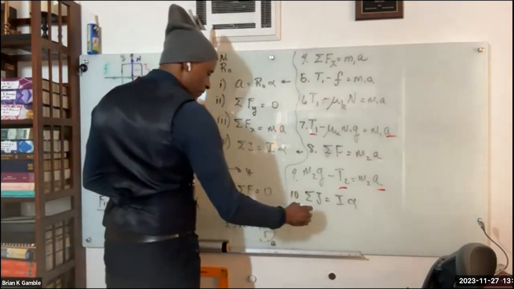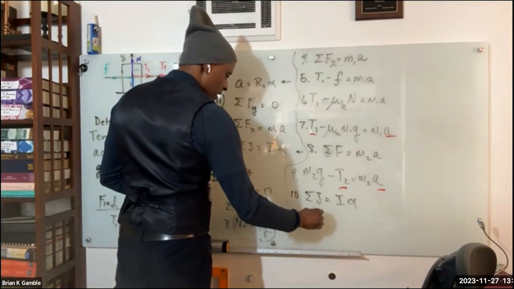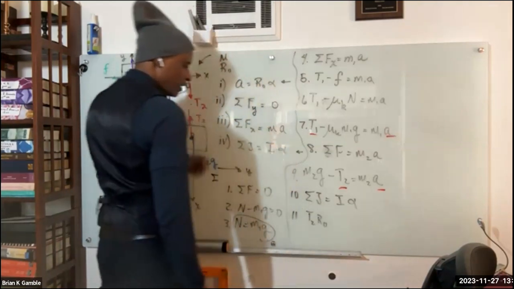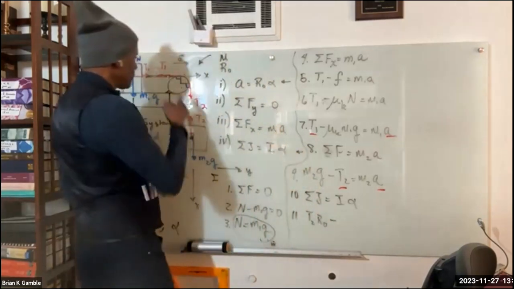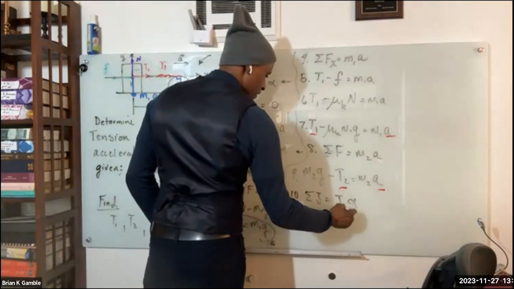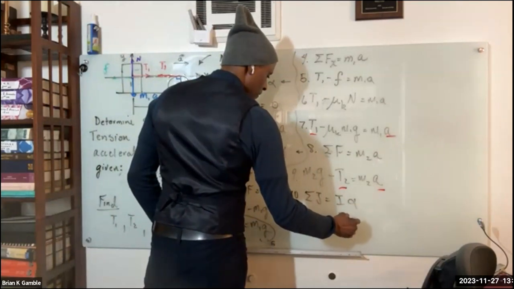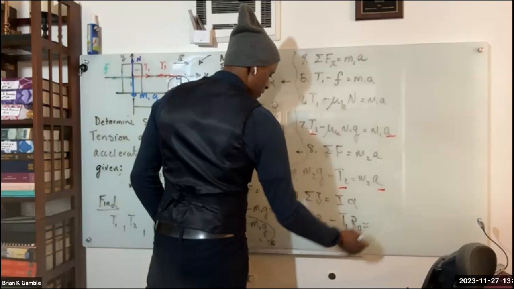So we're going to have T2 times R naught, and then minus the torque in the opposite direction, T1 R naught. And that equals the moment of inertia.